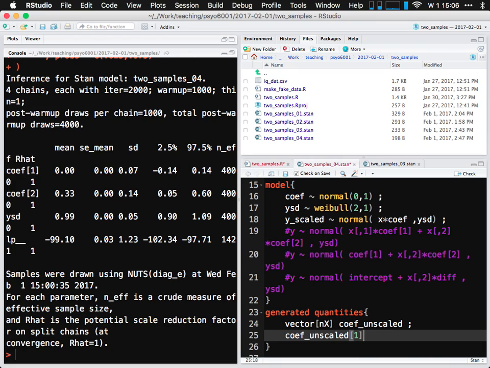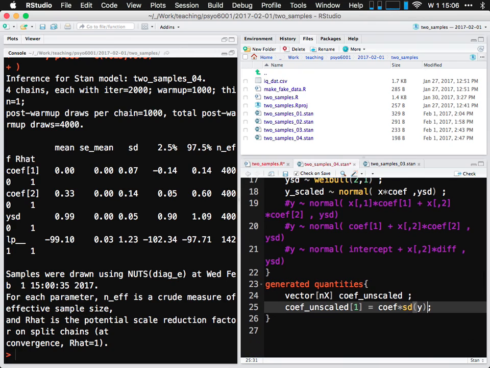The first element in coef is the intercept. What did we need to do to the intercept to get back to the raw value? Multiplied by the standard deviation. Yep, we multiply by the SD of y, the original standard deviation, and then also add back the mean.